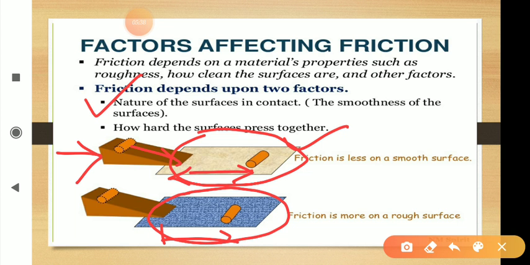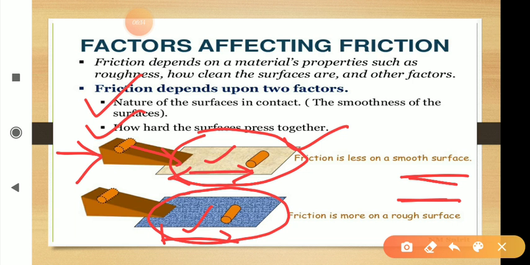In both scenarios, if we observe, the distance covered is different. It covers more distance on the smooth surface and less distance on the rough surface. It means it depends upon the nature of the two surfaces which are in contact. And second thing, the frictional force depends on how hard the surfaces press together.